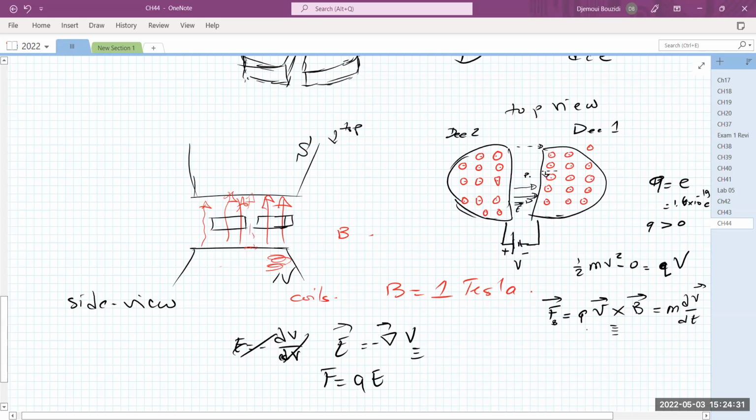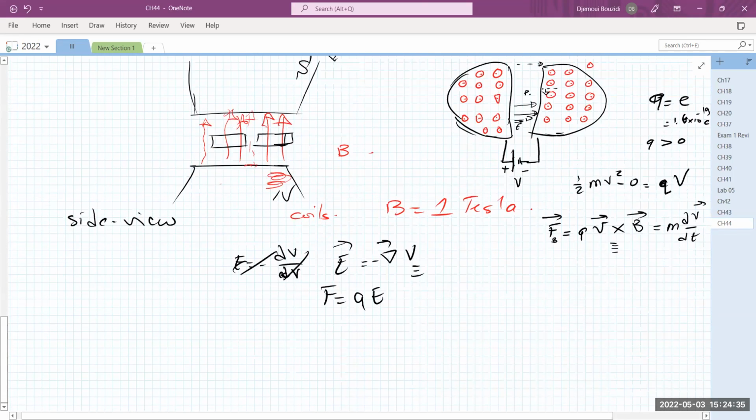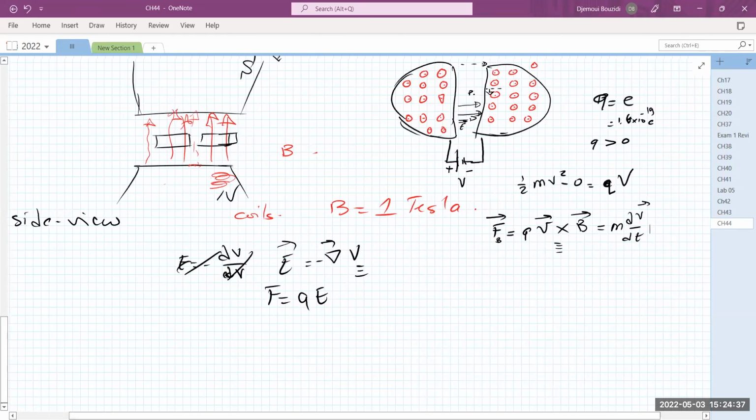I guess you did the effects of the magnetic force on a point charge in physics too, I'm sure. So the velocity is tangential and the force is perpendicular, so it tends to give it a rotation. It's going to rotate.